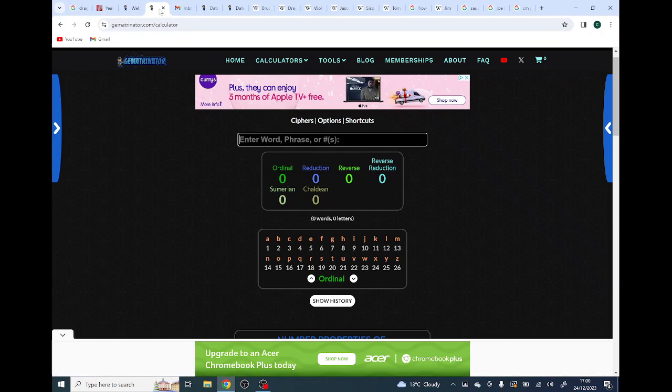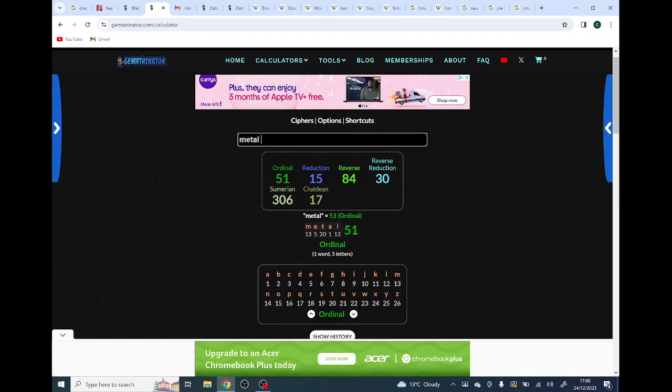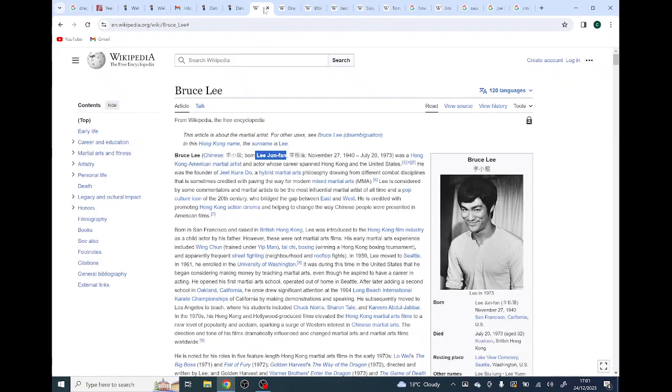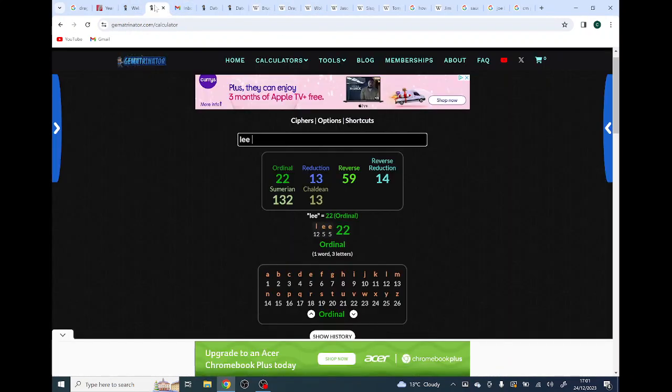You can have that into 2 concepts: the metal dragon, or the gold dragon, they refer to it as well. That gives you 47. And then his actual name, Lee Jung Fan, gives you that 47 as well, just like gold dragon or metal dragon has that 47.